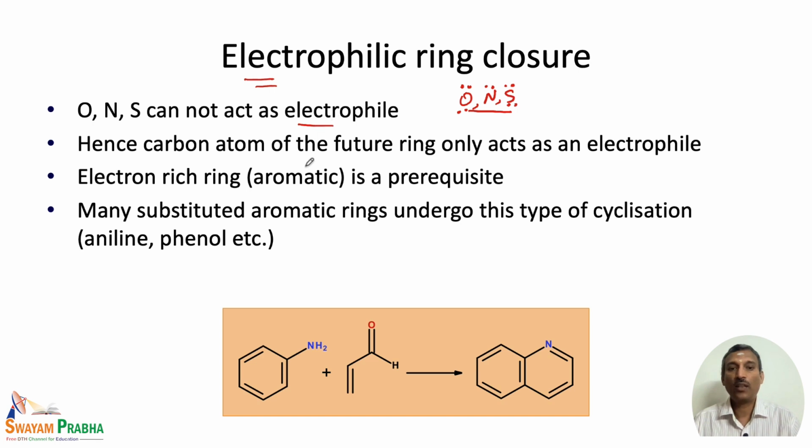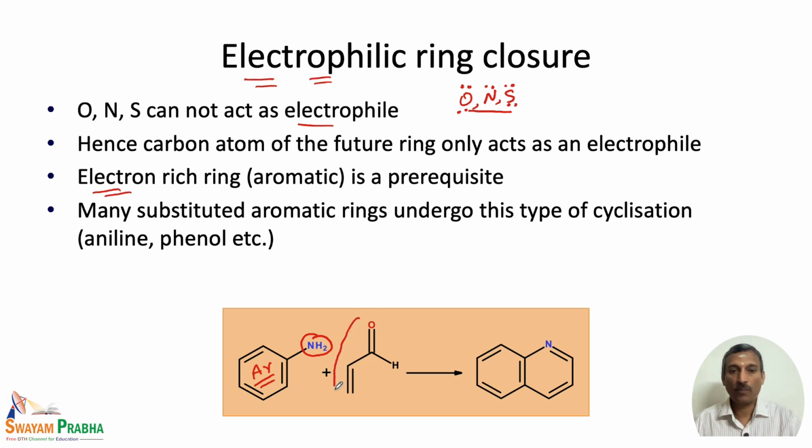So, in these kinds of cases, we have to have an aromatic system, which is very essential for these electrophilic ring closures, and the corresponding heteroatom is generally present outside the ring, and that is the reason we mentioned here that an electron rich aromatic ring is a prerequisite, because this can only react with the electrophile.